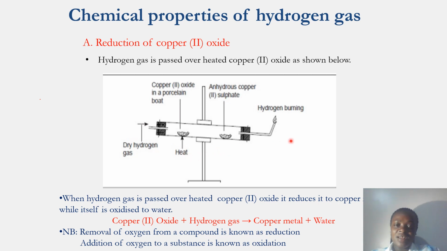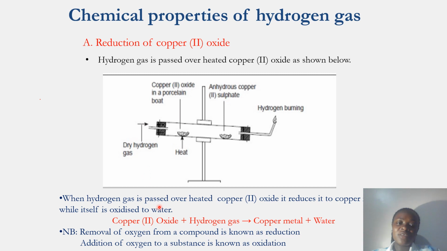So then at the end here, we are also burning our excess hydrogen gas, so we are not releasing our hydrogen gas to the air. And we can see that there will be a reaction taking place here between copper 2 oxide and hydrogen gas.